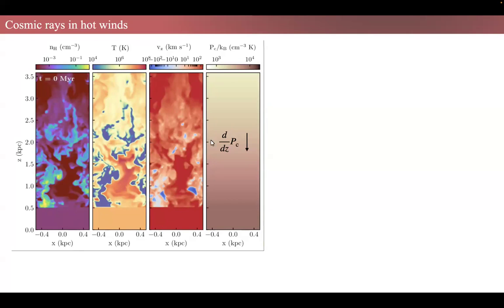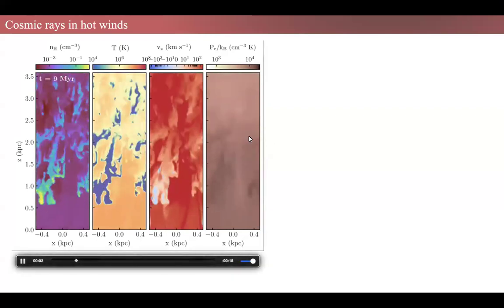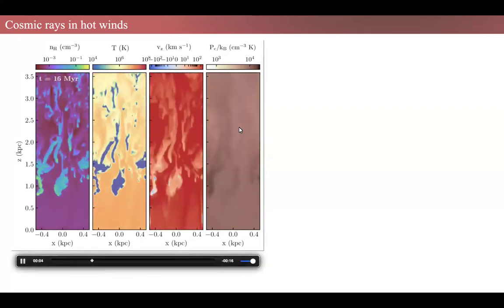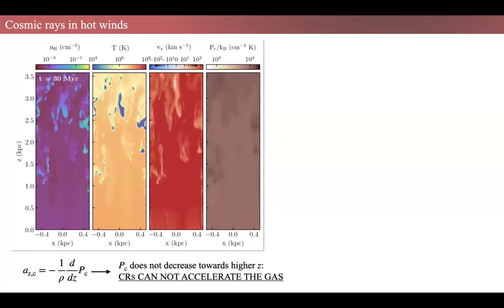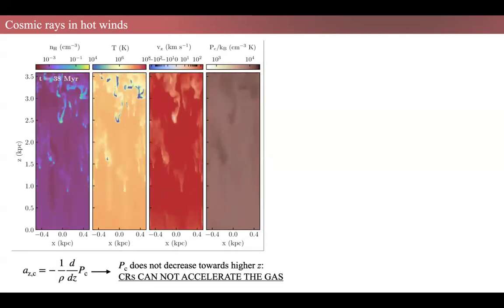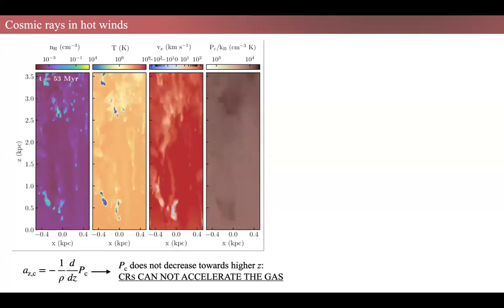You can see that the cosmic ray pressure is initialized with a smooth profile, decreasing towards higher Z. However, as soon as we start the simulation, the initial cosmic ray pressure gradient quickly disappears.